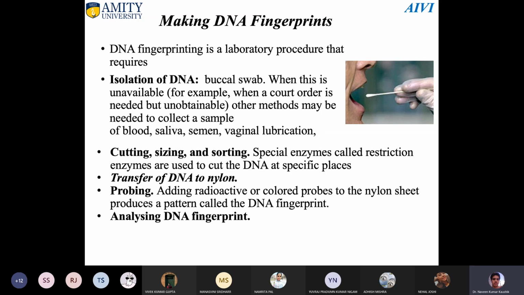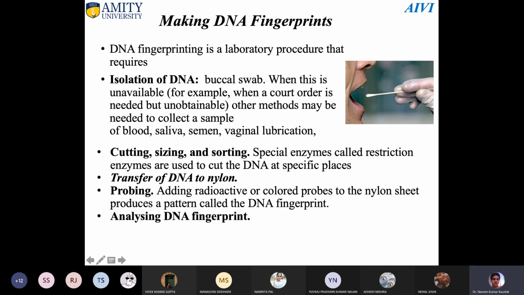Each and every time it is not possible to take blood, because the criminal is not going to come to you and ask you to take my blood sample. So whatever specimen is available there, you need to take out your DNA from that itself.